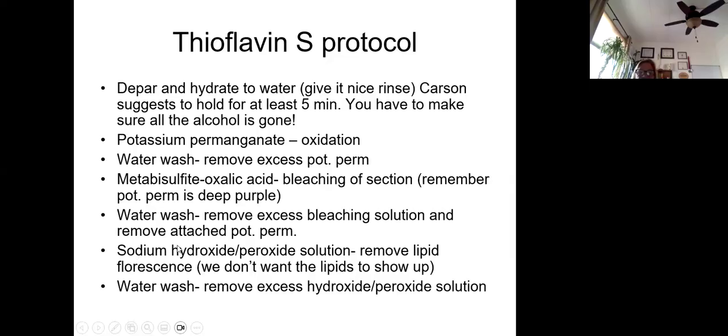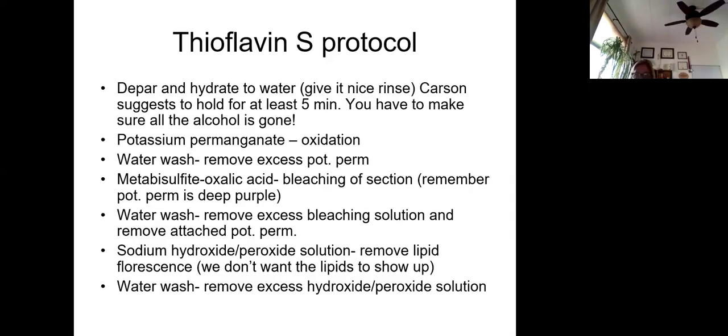Then you're going to go into sodium hydroxide or peroxidized solution. That's going to remove any lipid fluorescence that is there. We don't want the lipids to show up. Even though the lipids themselves are gone through processing, the cell wall is still there.